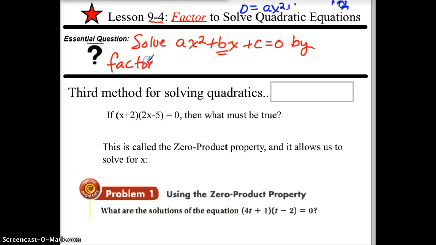So we're actually going to take a skill you already hopefully remember and know how to do, which is factoring, and apply it to help us find the zeros of the equation, or the x-intercepts of the graph, or to solve this for x. Alright, so the third method for solving is called to solve by factoring.